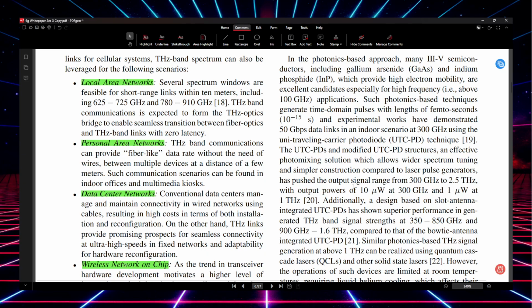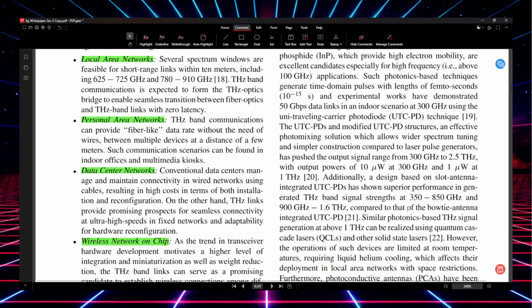It has pushed the output signal range from 300 gigahertz to 2.5 terahertz with output powers of 10 microwatts at 300 gigahertz and 1 microwatt at 1 terahertz. Let me make sure I got that right, the little symbol here means micro.